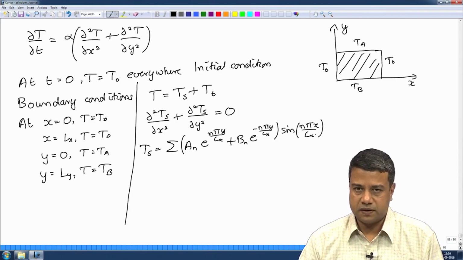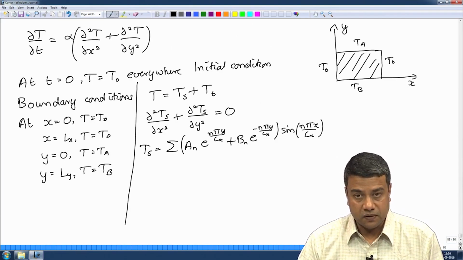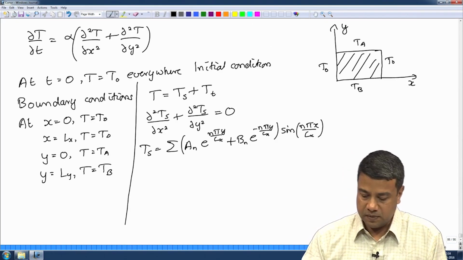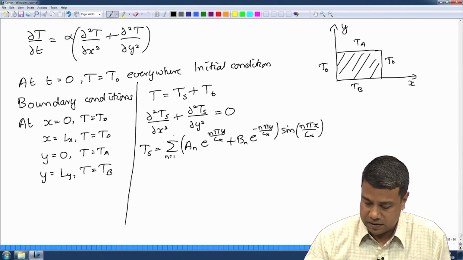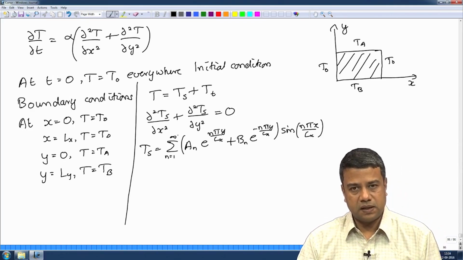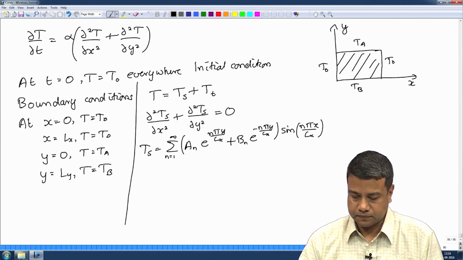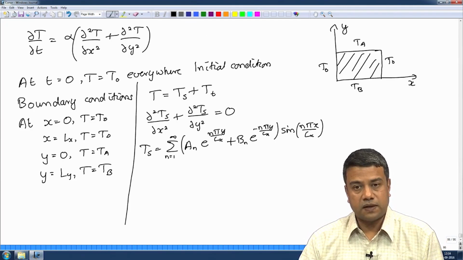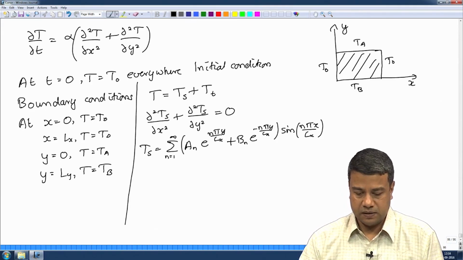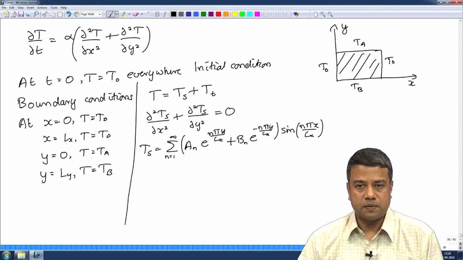We have just solved this in order to get this solution, where the coefficients a n and b n were determined using the orthogonality relations. Now, therefore, I have to solve for the transient part. How do I solve for the transient part?